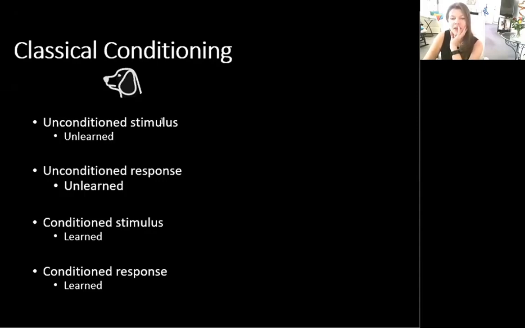So when we look at these four terms and how to tell them apart: unconditioned stimulus, unconditioned response, conditioned stimulus, and conditioned response. Remember, unconditioned means unlearned, and conditioned means learned. There are a lot of things that you respond to naturally.